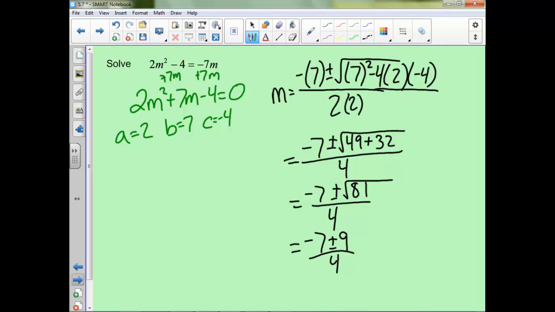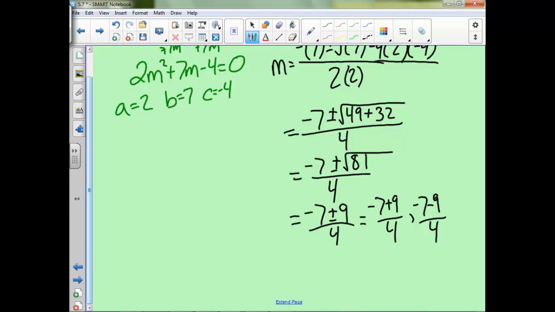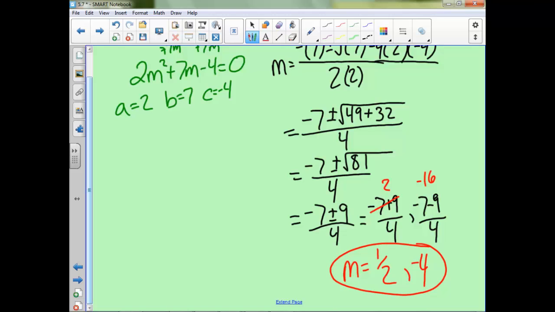So that means our two answers are -7 plus 9 over 4 and -7 minus 9 over 4. -7 plus 9 is 2. So this one will give us a half. -7 minus 9 is -16. Divided by 4 is -4. So these are your two solutions.